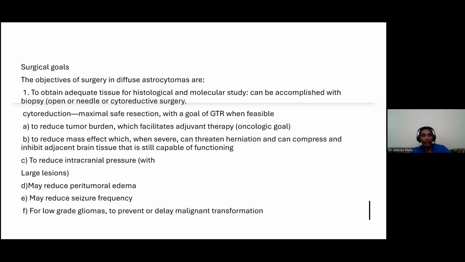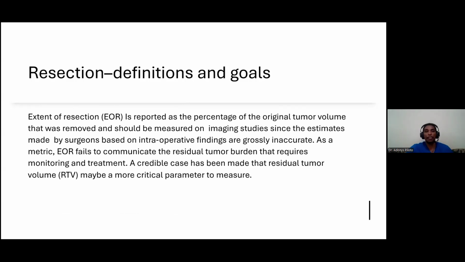The oncologic goals are to reduce mass effect, which when severe can threaten herniation and can compress and inhibit adjacent brain tissue that is still capable of functioning; to reduce intracranial pressure with large lesions; to reduce peritumoral edema; to reduce seizure frequency; and, for low-grade glioma, to preserve or delay the malignant transformation to grade 3 or 4 high-grade glioma.